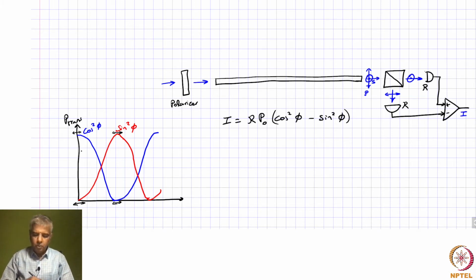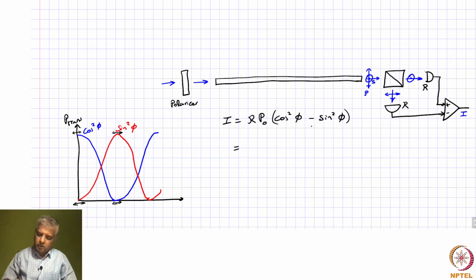But if you are picking up both sine square and cos square, wherever one is not sensitive, you can pick up the other; wherever you don't get much light here, you get light there, and so on. So you can actually prove that in this sort of scenario you get the best sensitivity.